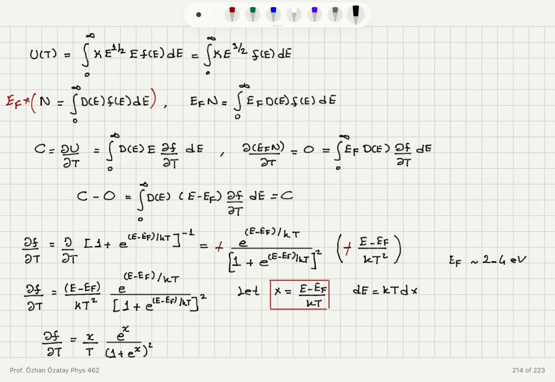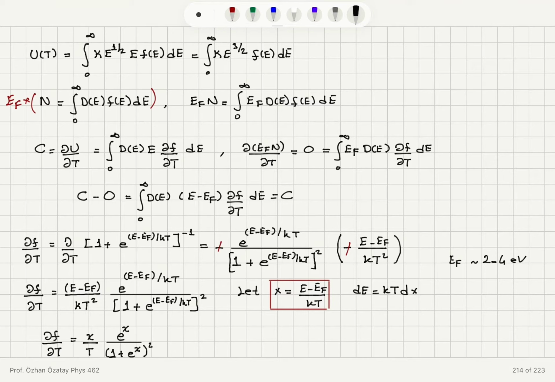This is going to give me minus 1 over (1 plus e to the (E minus E Fermi) over kT) squared, times e to the (E minus E Fermi) over kT, and from the derivative of the power of e, I will have minus (E minus E Fermi) over kT squared with respect to temperature. So the minus signs will cancel, and df/dT I found to be (E minus E_F) over kT squared, times e to the (E minus E_F) over kT, with (1 plus e to the (E minus E_F) over kT) squared in the denominator.